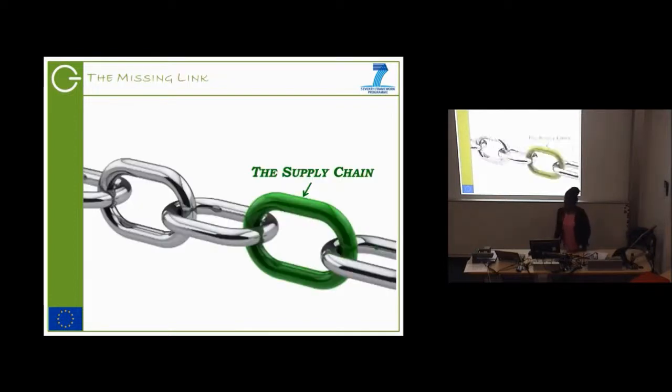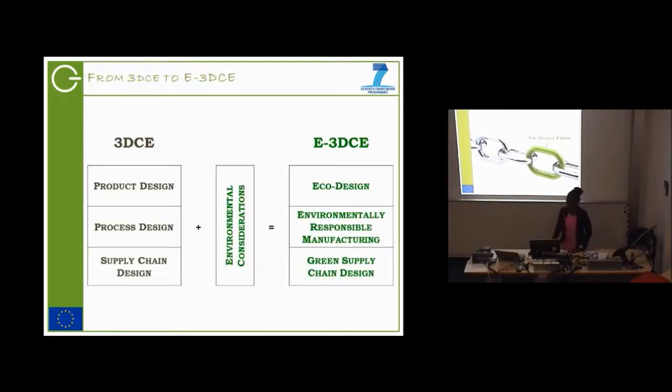So suddenly you have that missing link, the supply chain, and with this view of 3D CE, you can accomplish that. Looking at 3D CE before, it was product design, process design, and supply chain design. If you then add the environmental considerations, you're now looking at eco-design, environmentally responsible manufacturing, and green supply chain design. So there's that environmental thread going through those three.